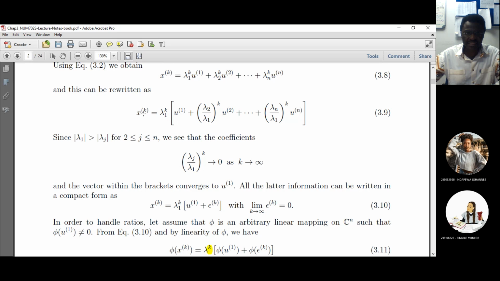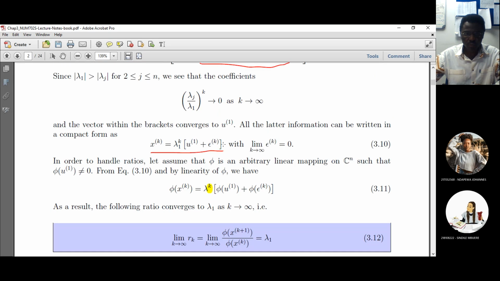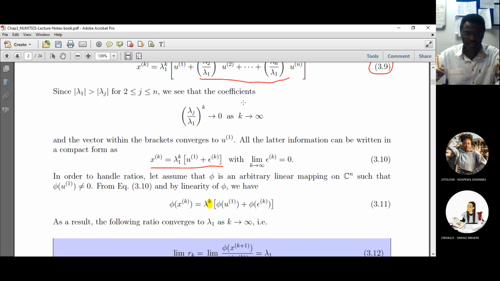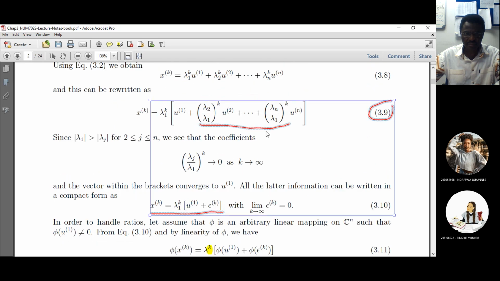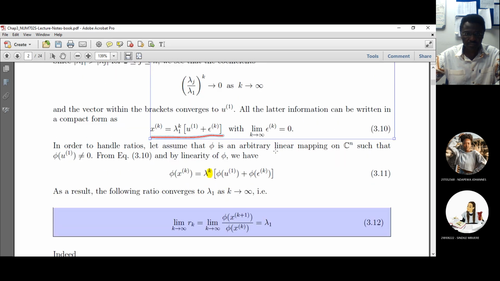Now you see that, knowing that all this will converge to 0, I can rewrite this 3-9 in this form, where epsilon k goes to 0, and that epsilon k, in fact, represents this part. Good. And then we use an arbitrary linear mapping.